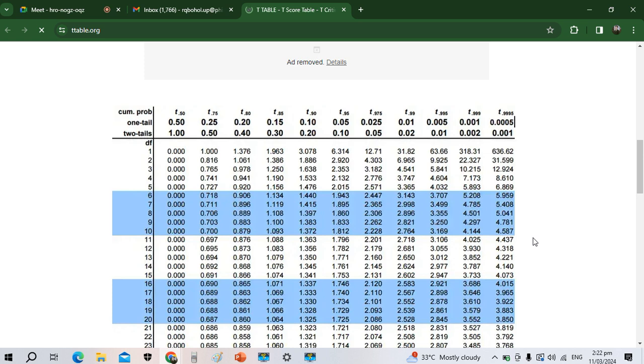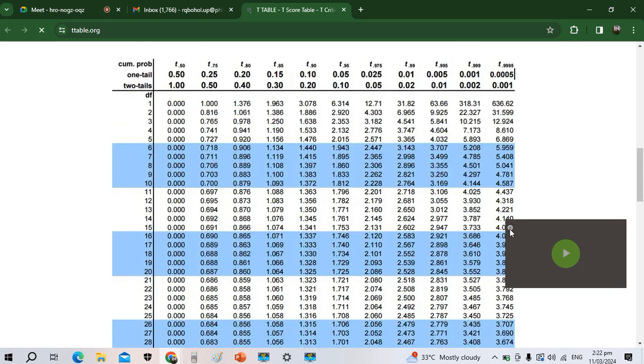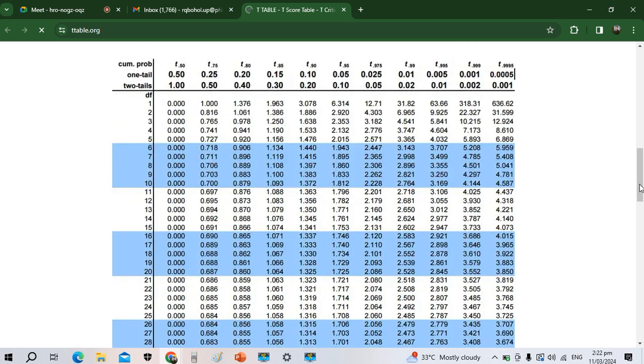Okay, one-tailed. And what is the level of significance? 0.01 or 99%. Right? Yes po.